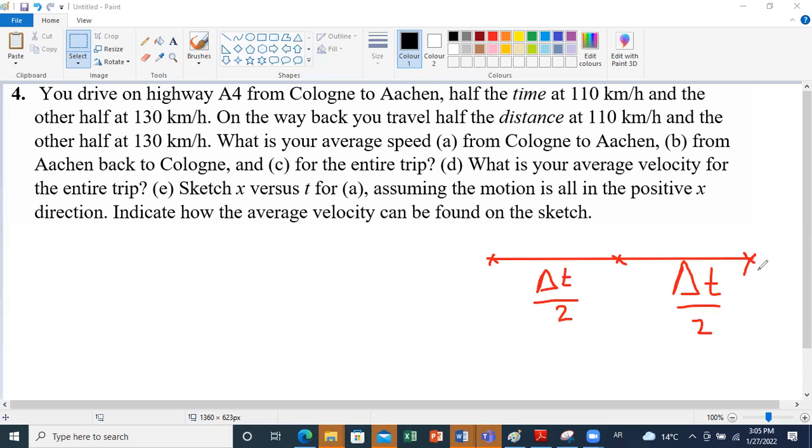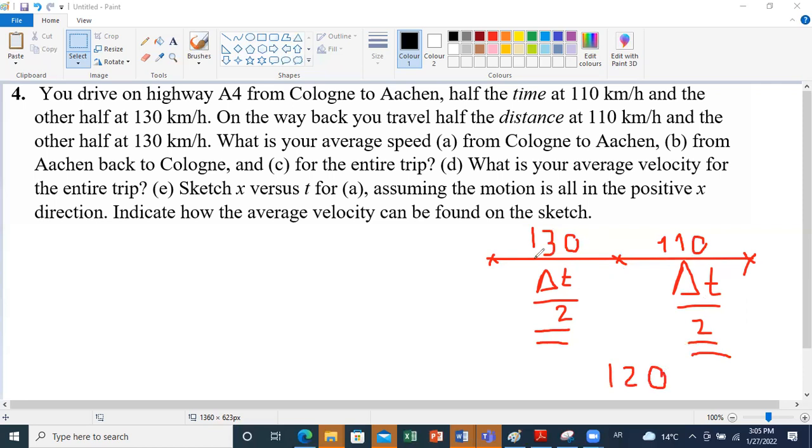Because I have the same time of motion for both phases, and for the first phase I have a velocity of 130, and for the other one a velocity of 110, I can say that for the whole path, when I go from A to B, the average velocity is 120 because it's the same time.